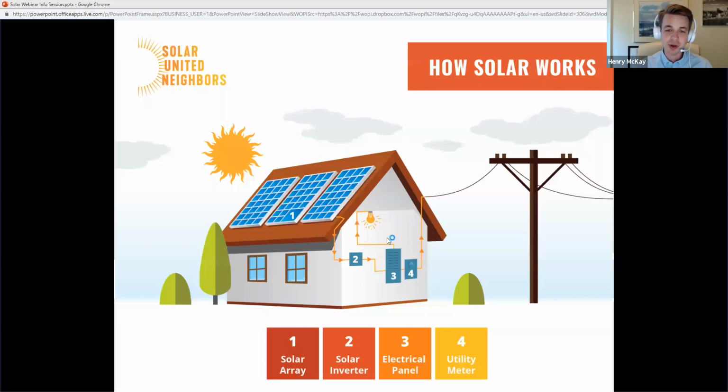And then let's say it's a not very sunny, typical winter day in Pennsylvania, where you may be generating a little bit of electricity, but not as much as you need at home at the moment. So whatever you need, you'll draw from your solar panels, and you'll need some more, and you'll draw that from the grid, and you'll pay the utility for those extra kilowatt hours.